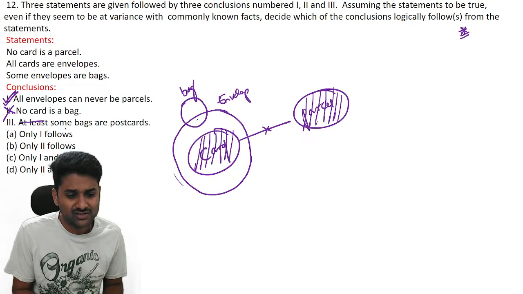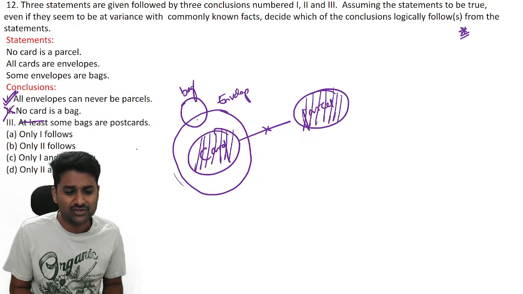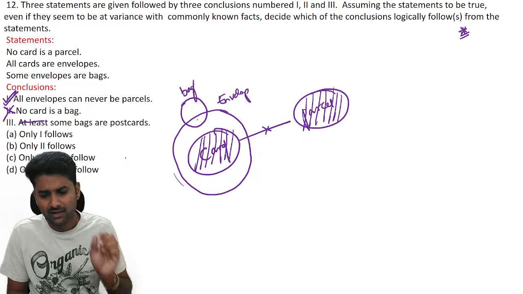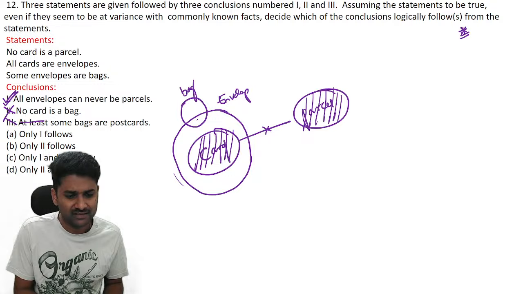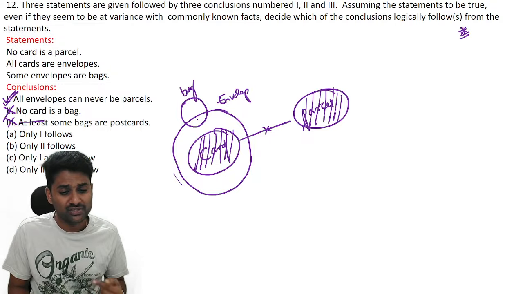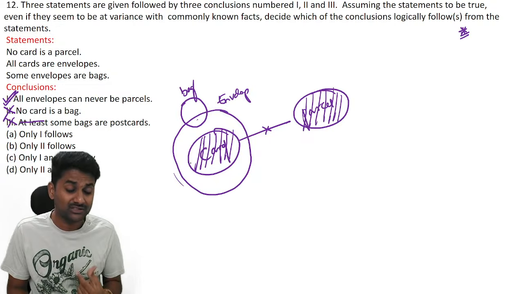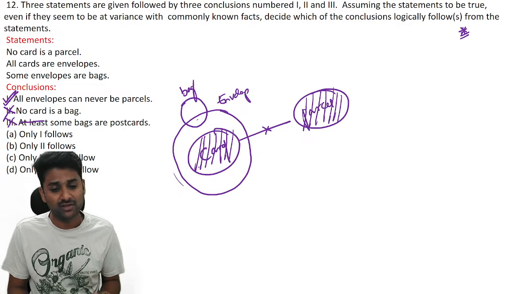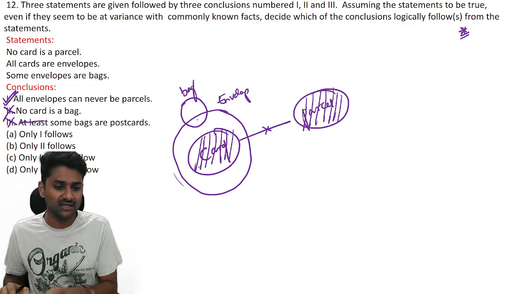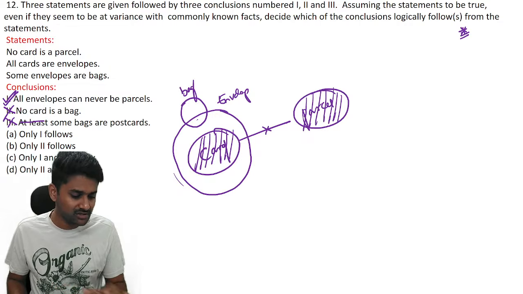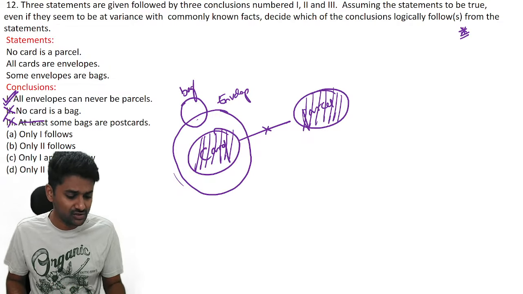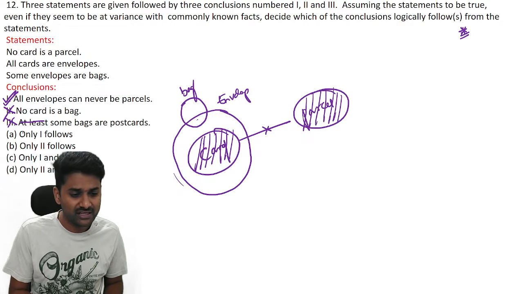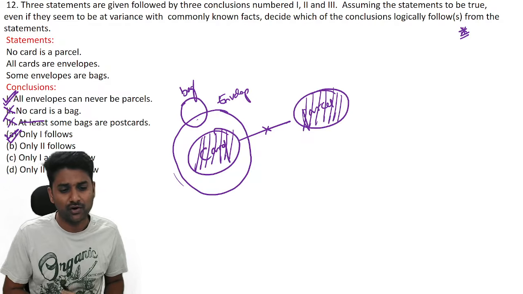So at least some is all about some. Some bags are postcards. We don't have any information related to postcards. That's why the third one is also invalid. Don't assume that postcards and cards are the same. These are all about terminologies. If it is a terminology, you should represent it with a circle. So postcard is a different terminology, card is a different terminology, and don't assume both are the same. So that's why only one conclusion follows.